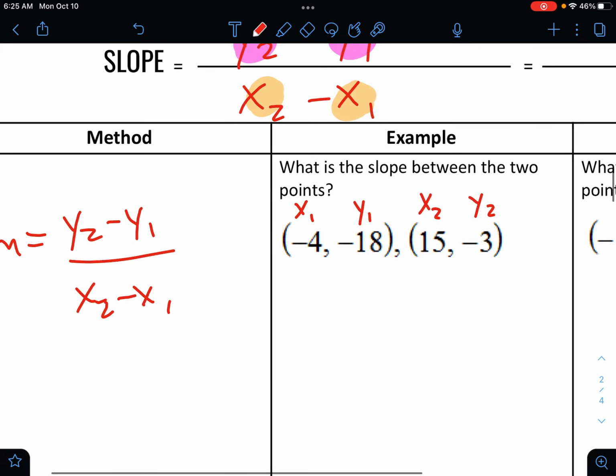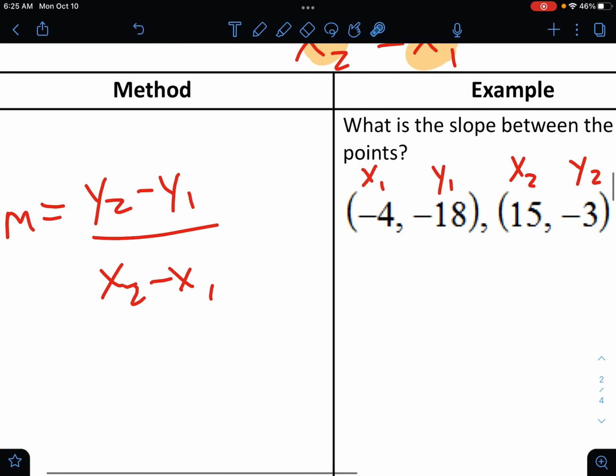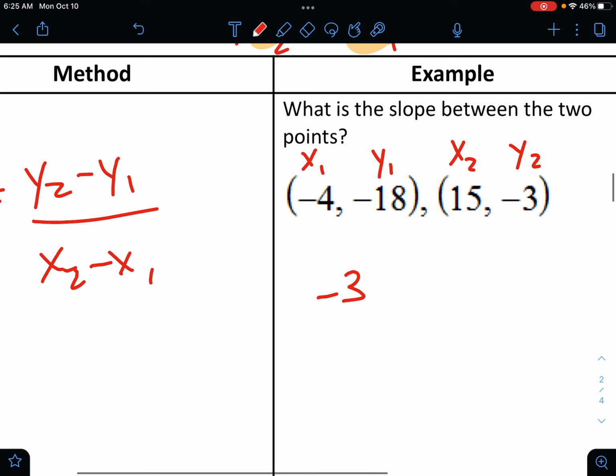Okay, y2 is a negative 3. We're going to substitute that in for this one. So we've got negative 3 comes first, minus, because the equation has a minus, y1. And y1 in this case is a negative 18. So we've got negative 3 minus negative 18. And then on the bottom we've got 15 minus a negative 4.